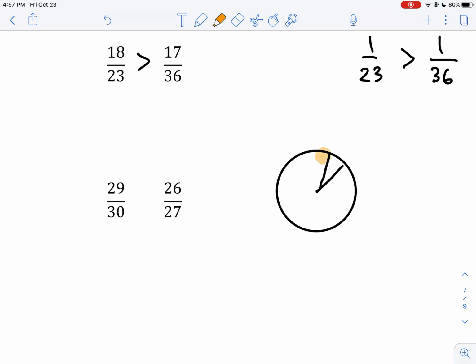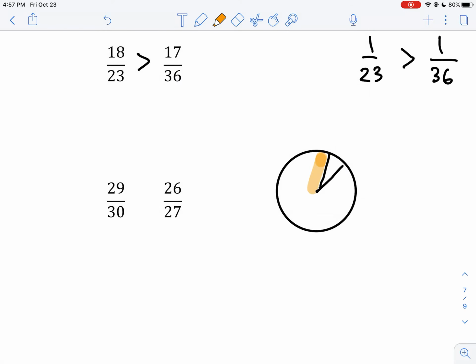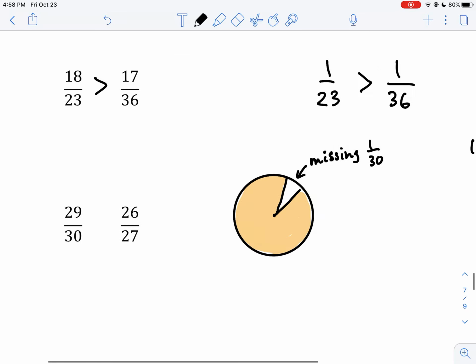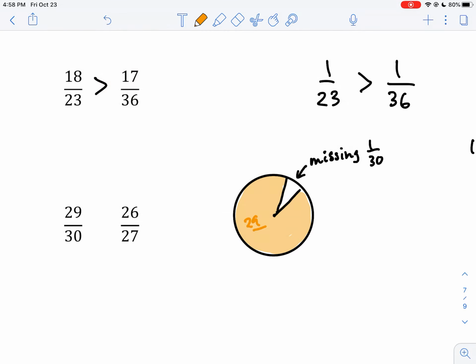There we go. So what we would have shaded in here, ooh, that's going to be hard to work with. Let me shrink that a little bit. There we go. So what I'm shading is our amount. And what's missing is 1/30. That would complete the entire circle. And what's shaded is 29/30.